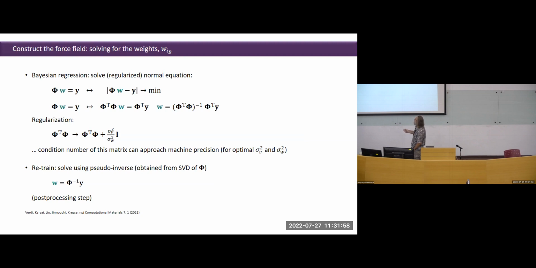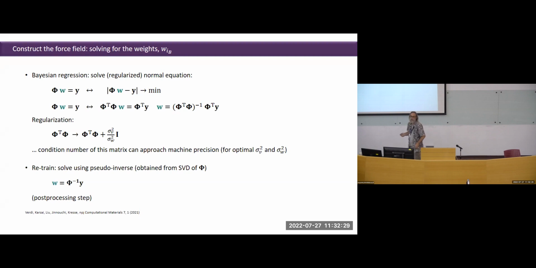There is a way around that, and that is by solving using the so-called pseudo-inverse that you can obtain from a singular value decomposition of the design matrix. It's not an actual inverse because this is not a square matrix, but from a singular value decomposition, we can get a pseudo-inverse and use that to solve this problem.